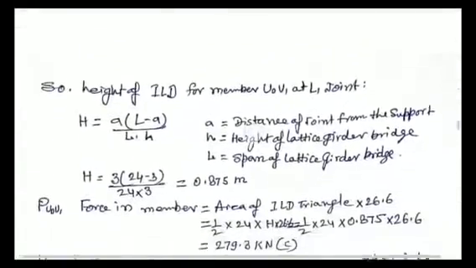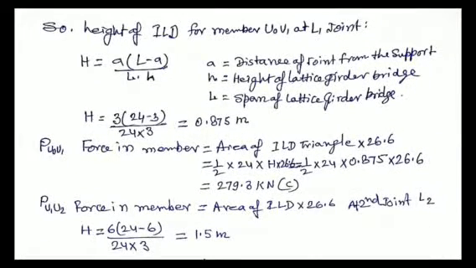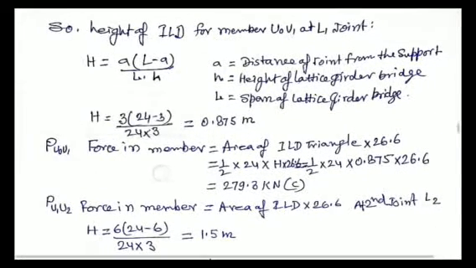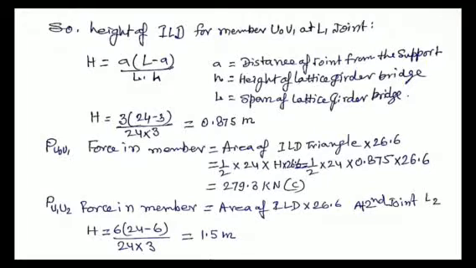So the force in the U0 U1 member will be the area of the ILD triangle multiplied by the total intensity of the load, which we have already found, the live load plus dead load, and we have factored it already.